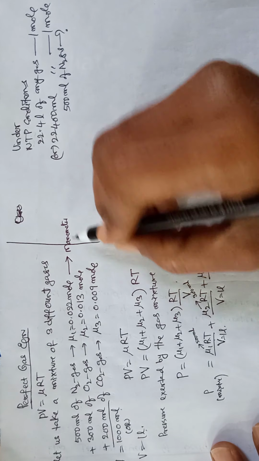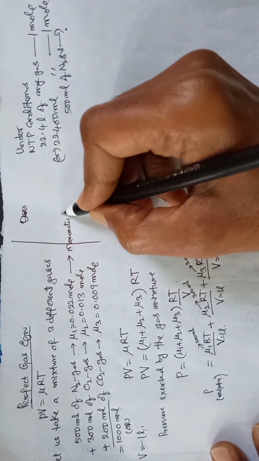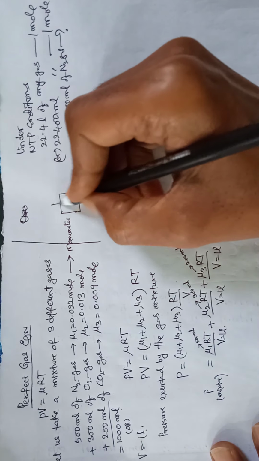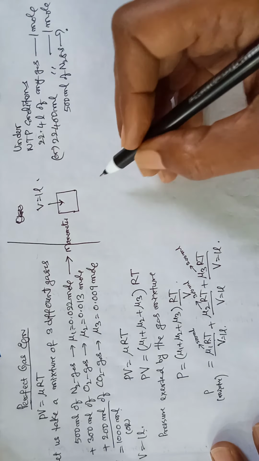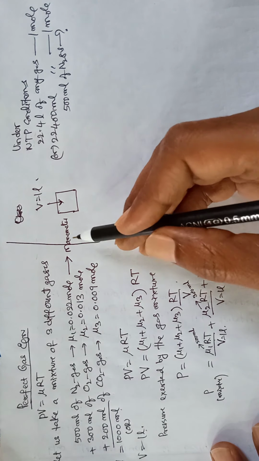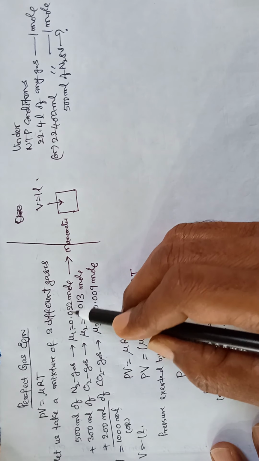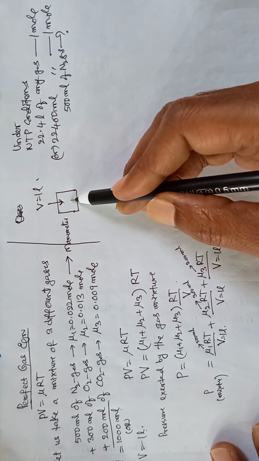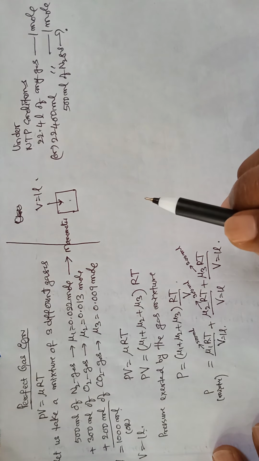But in that manometer, the container is having 1 liter capacity. So when you transfer 500 ml of nitrogen gas, this 0.022 moles of nitrogen gas, into this 1 liter chamber, immediately see, gas has a behavior.